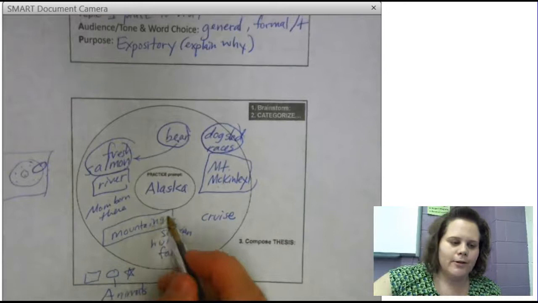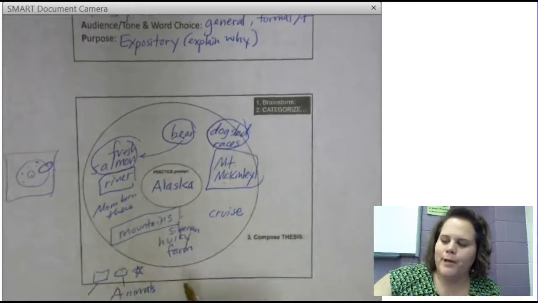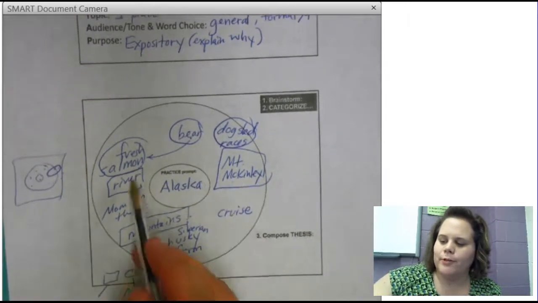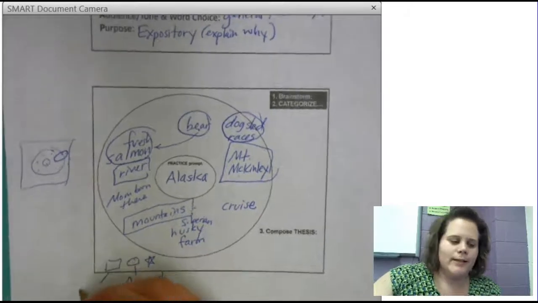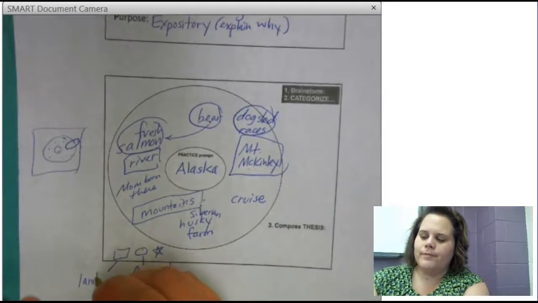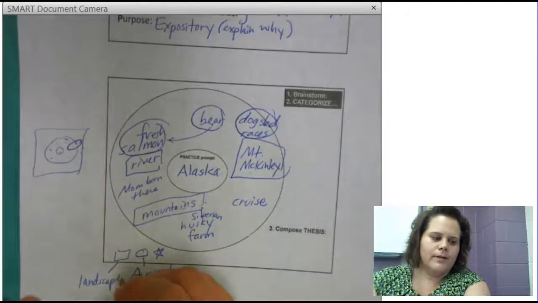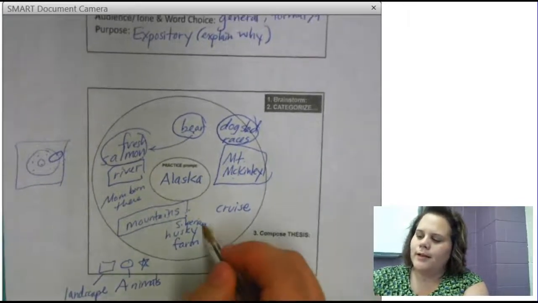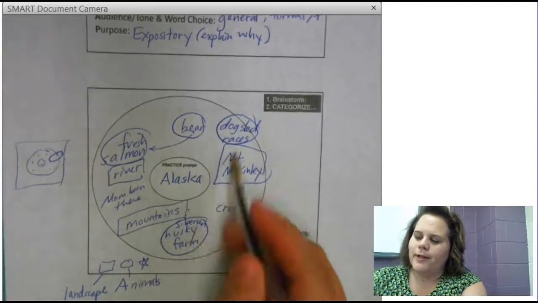These places could go together, maybe mountains, Mount McKinley, rivers. I would probably say the landscape. The animals. Oh, and Siberian Husky Farm would also go with animals.